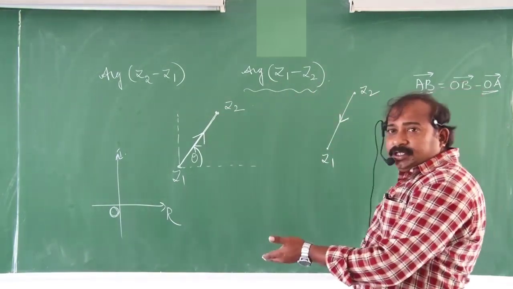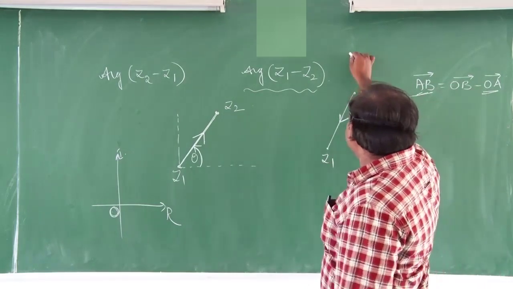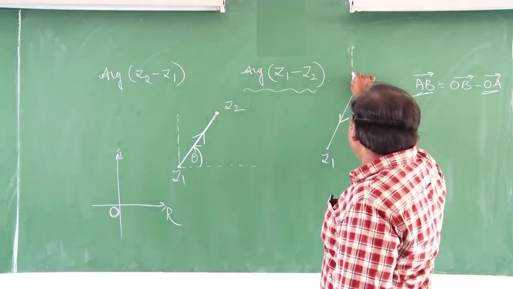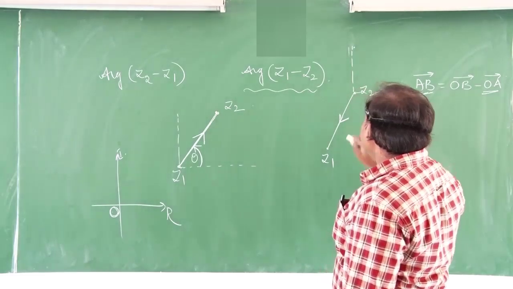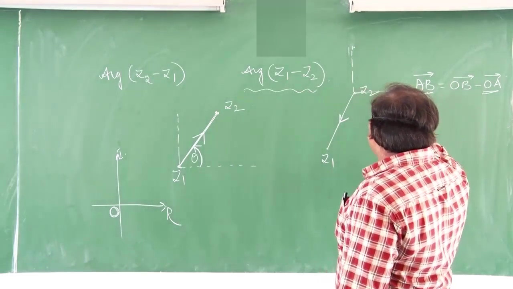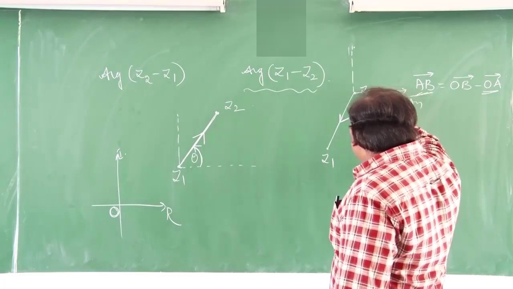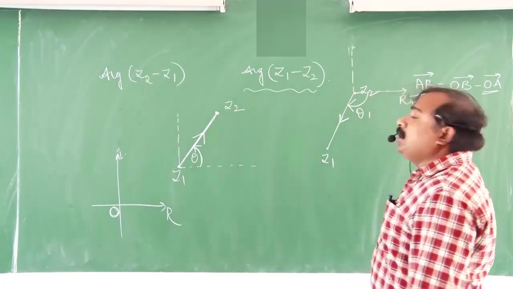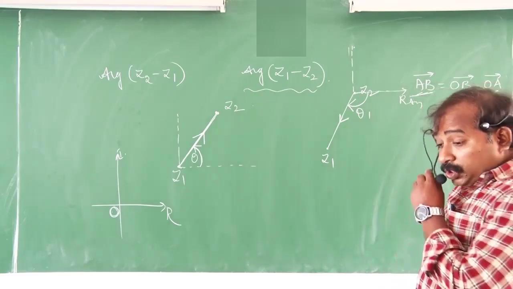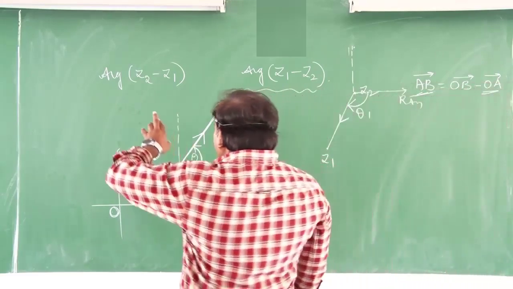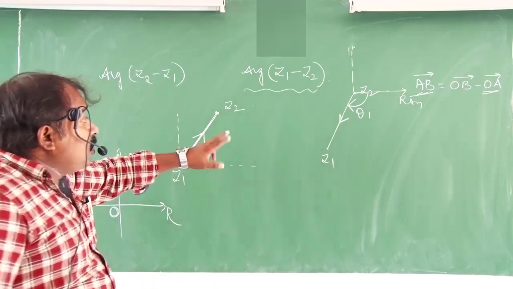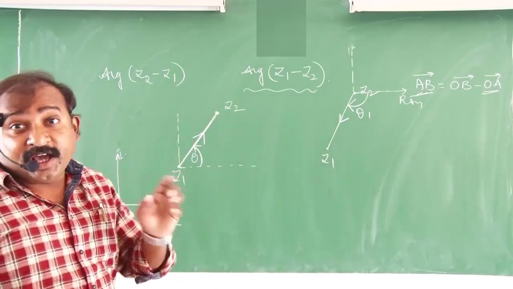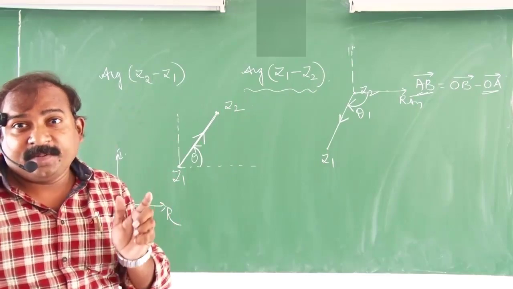You can shift the origin from (0, 0) to here. Then if this is the real axis, this is the argument we have to take. So argument of Z2 minus Z1 and argument of Z1 minus Z2, the meaning is like that. Catch that point, simple point.